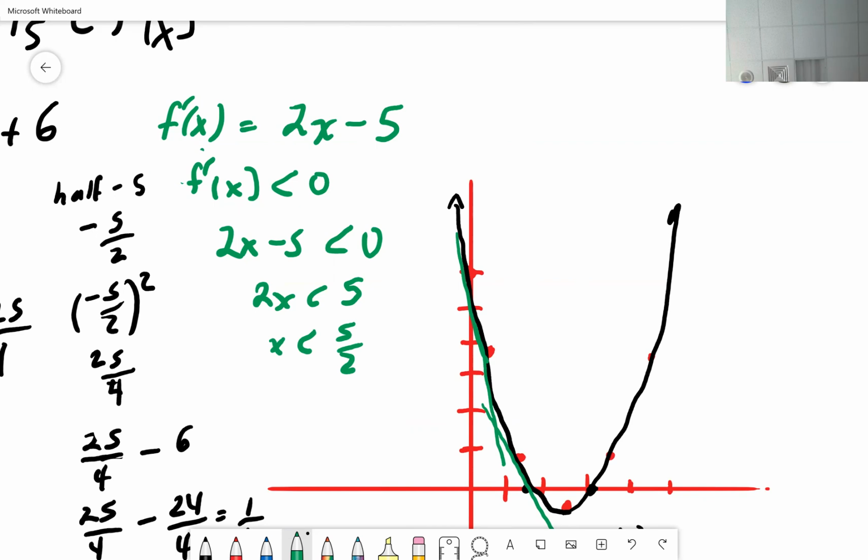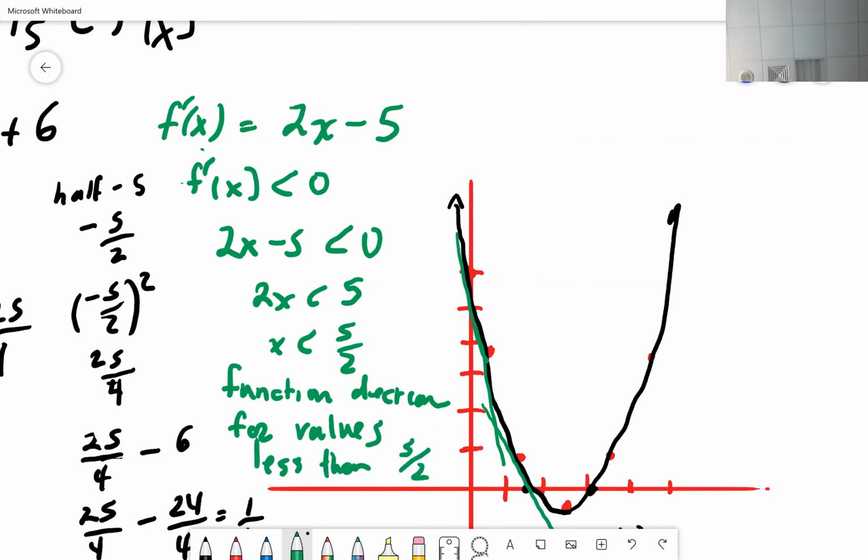So I know my function is decreasing for values less than 5/2.